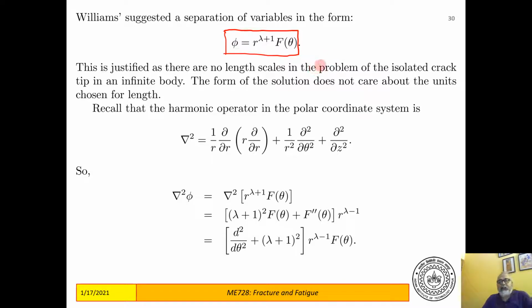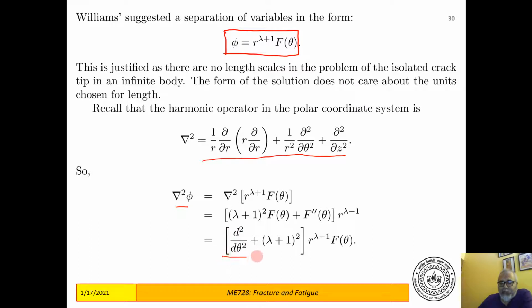and if you do this, then del square phi, so del square we have already specified for cylindrical polar is this, and del square phi you can show it easily.